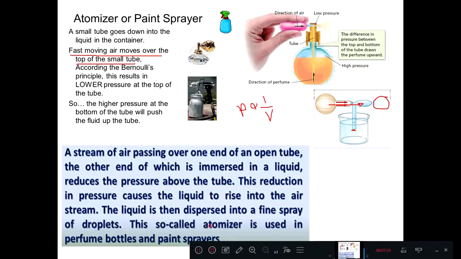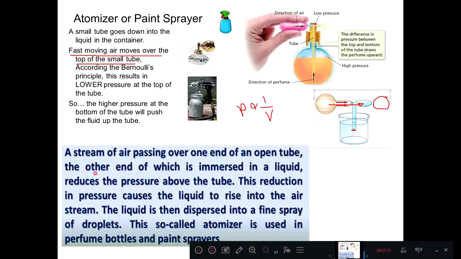The liquid is then dispersed into a fine spray of droplets. This so-called atomizer is used in perfume bottles and paint sprayers. As I said, an atomizer is an instrument used to spray perfumes, paint or water. This device works on the principle of Bernoulli. What is the principle of Bernoulli?